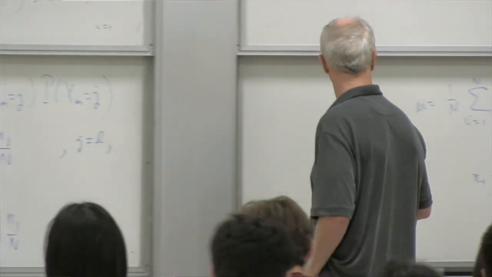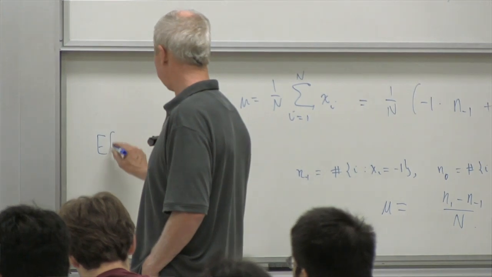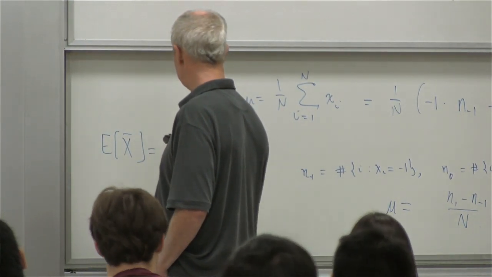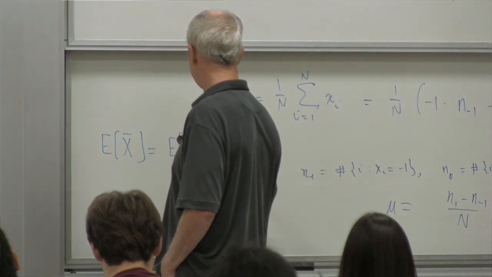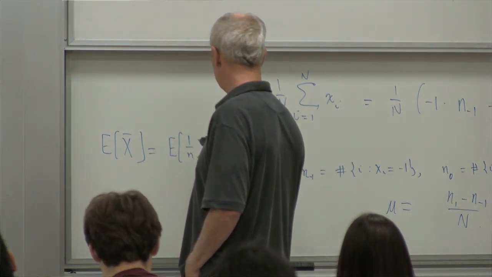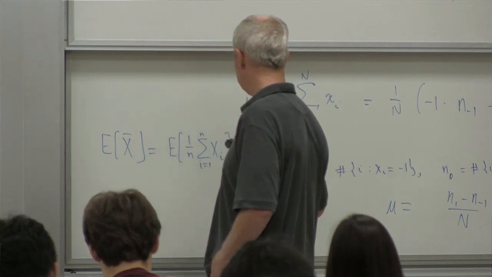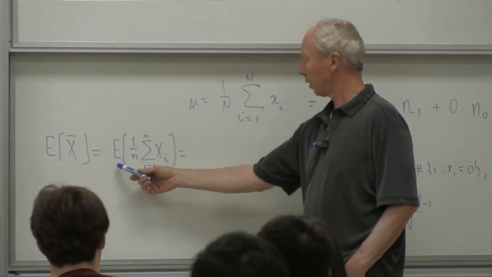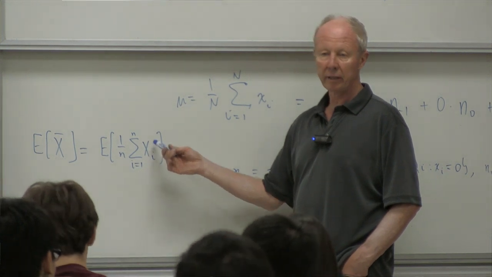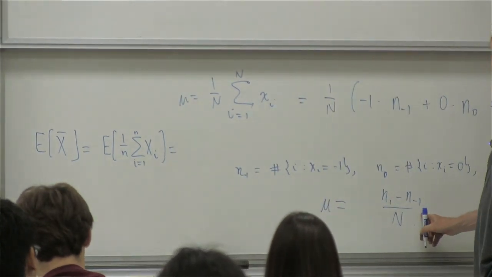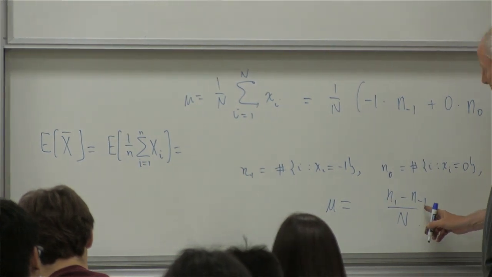Okay. What about the expected value of x bar? That is, of the sample mean. Well, I just take expected value inside. Each term here would be this. I add that up little n times, I get little n times this.